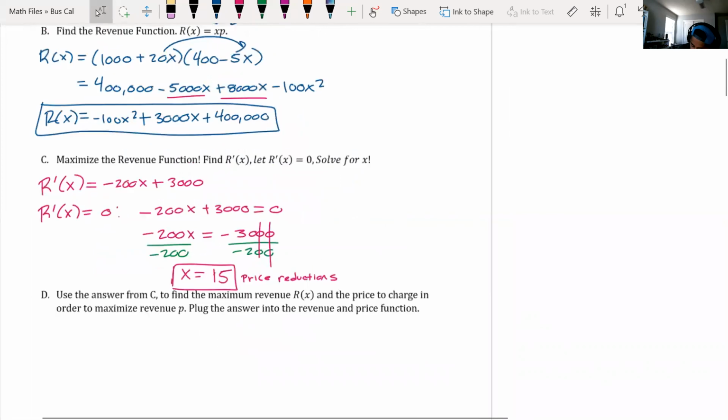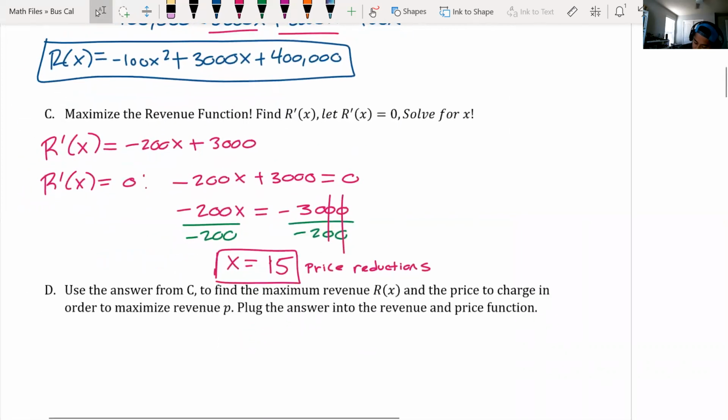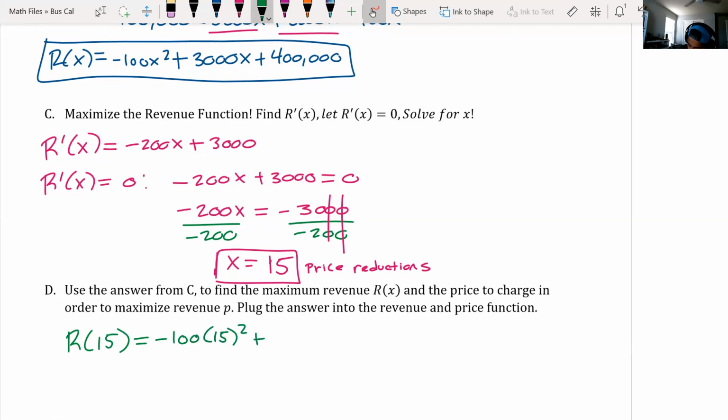Let's knock out the hard one first. We'll do revenue. So R of 15 gives me negative 100 times 15 squared plus 3,000 times 15 plus 400,000.